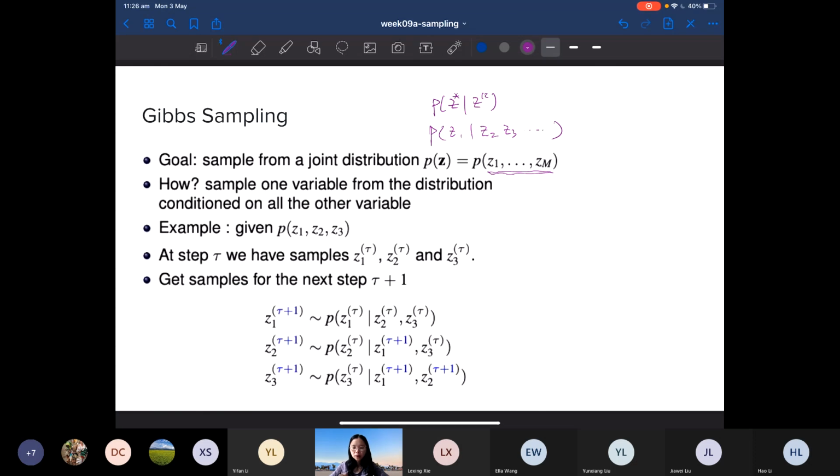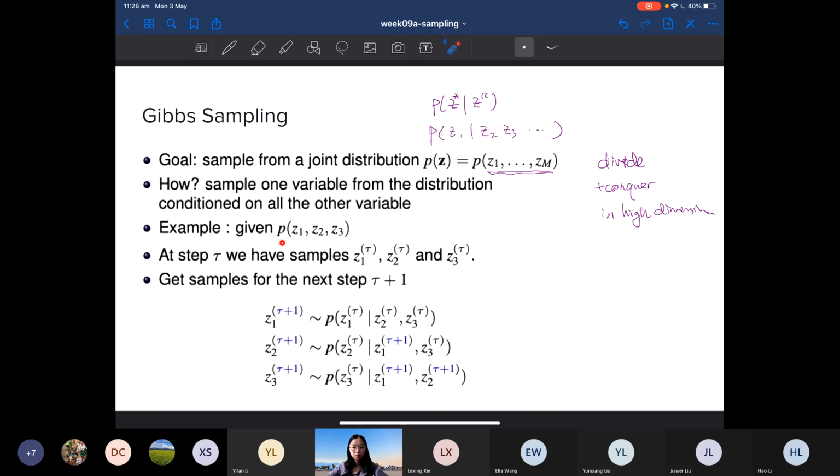So the overall goal is to do divide and conquer in high dimensions. It also uses the same intuition of moving to the next sample conditioned on the current sample.